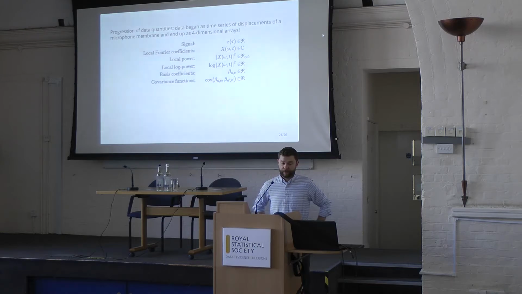So back to real numbers, vectors of real numbers. And then now we've ended up with these covariance functions, which are pretty weird things. So four-dimensional arrays, and they have to satisfy these positive semi-definite conditions. So that's the sequence from raw data to the objects we'll be looking at soon and this evening.